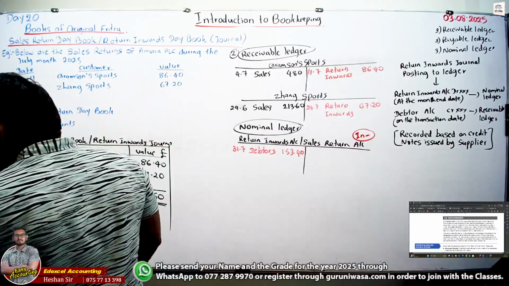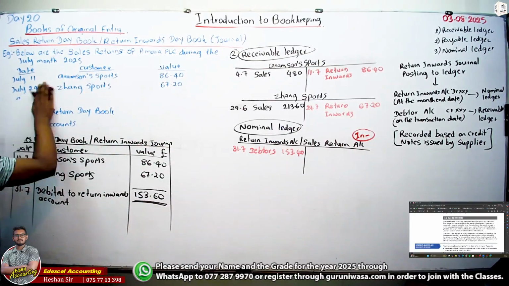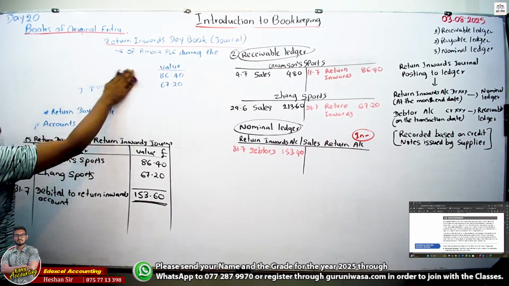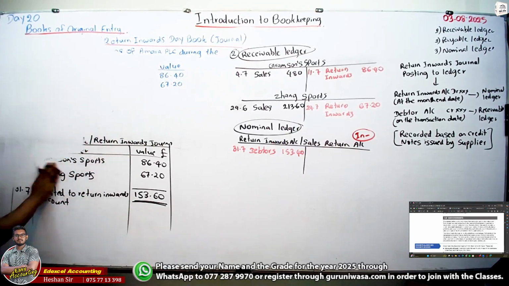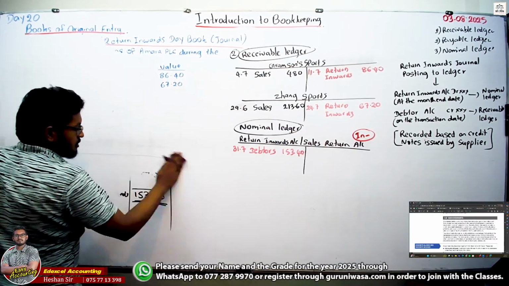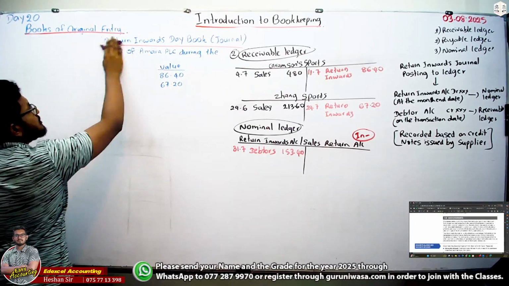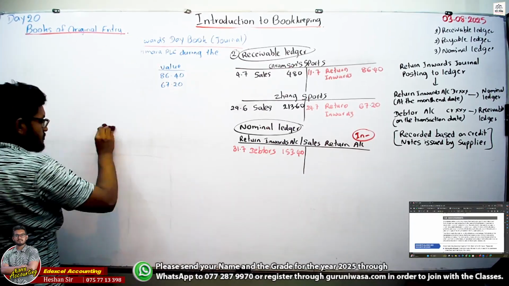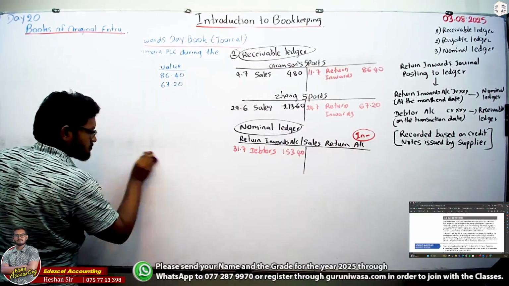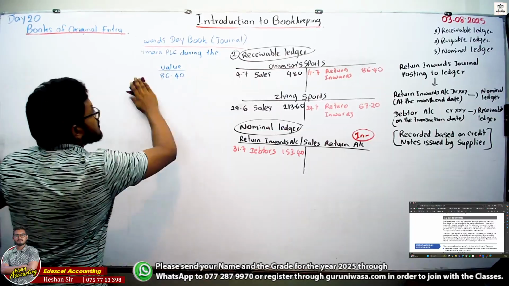Okay, now we have done four things, right? Purchase daybook, revenue or the sales daybook, right? We discussed that, then purchase return daybook, right? And we discussed revenue return daybook.